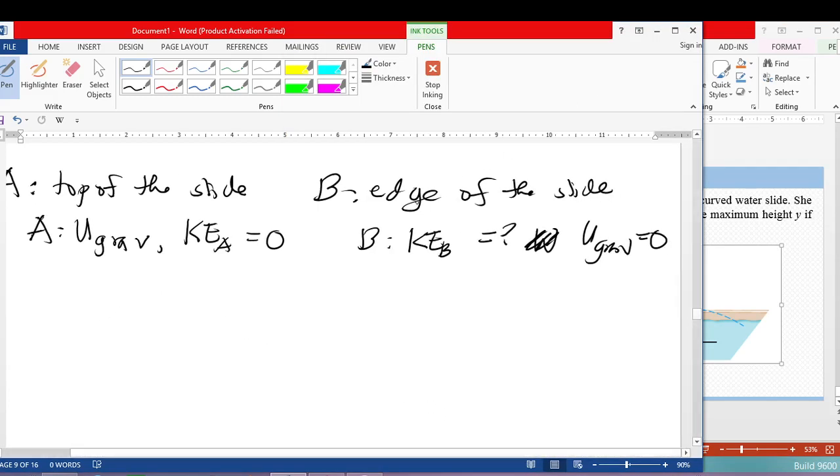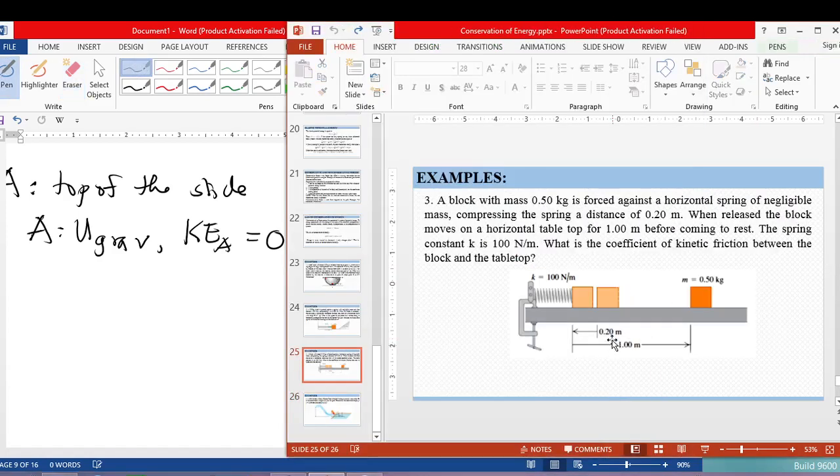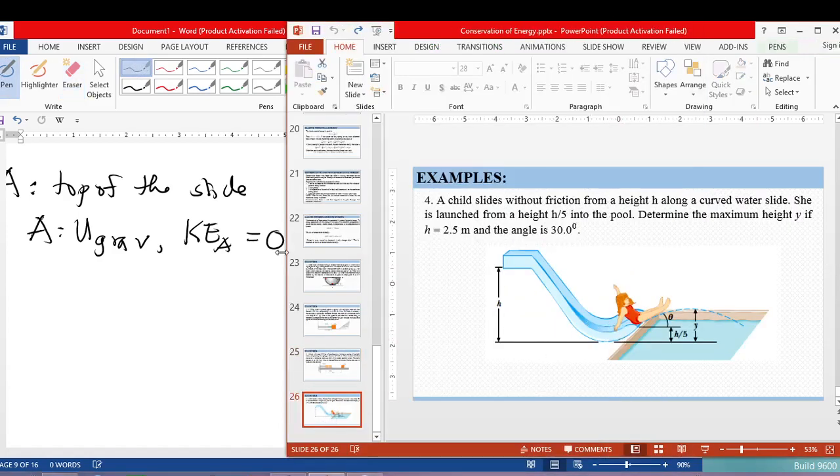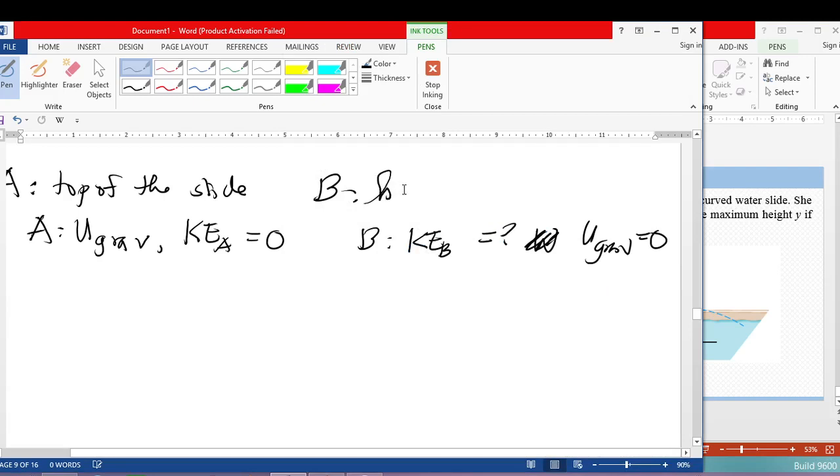So at point C, katong naabot na siya sa height is equal to 0. Ang event C is katong nanagin siya sa edge of this slide.